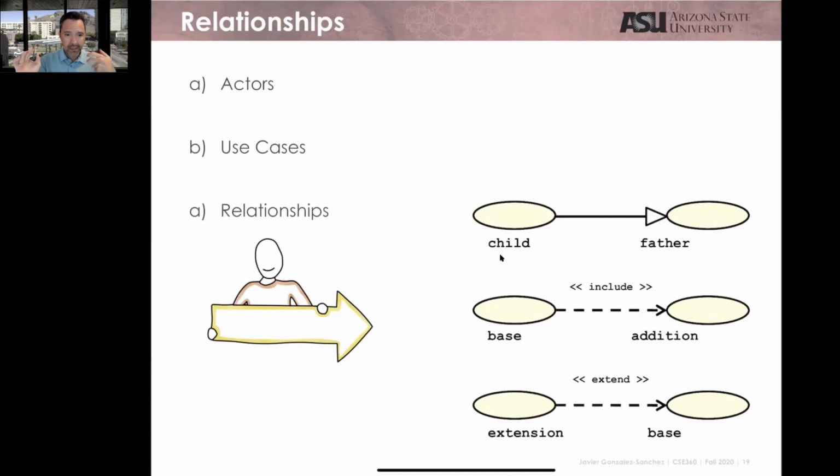Actor number 1 is the player, the one controlling the yellow circle. Actor number 2, you can use the name system, or the ghost, or the enemy, or whatever, the artificial intelligence controlling whatever is happening. You have 2 actors. The important thing is actors can be people, but also other software systems.